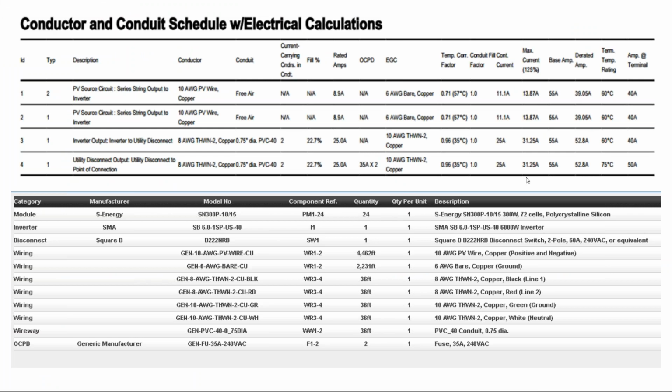Now, what Solar Design Tool will do is give you things like conduit sizing, voltage drop, National Electric Code.